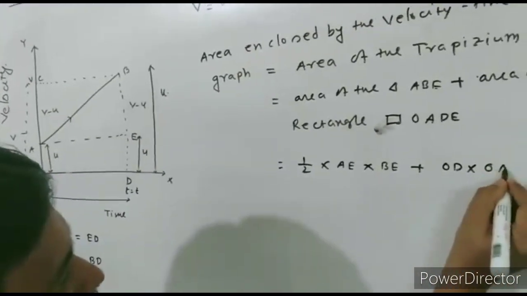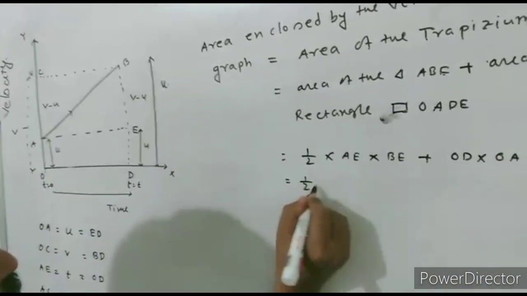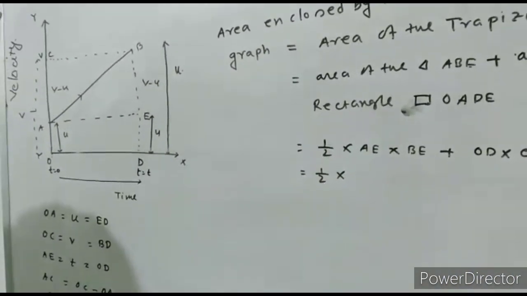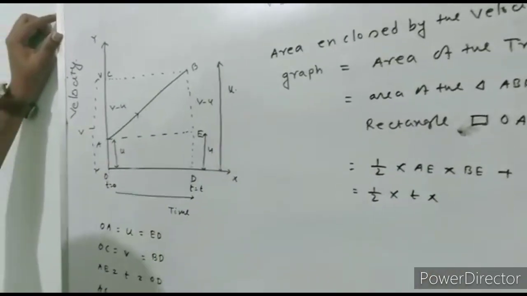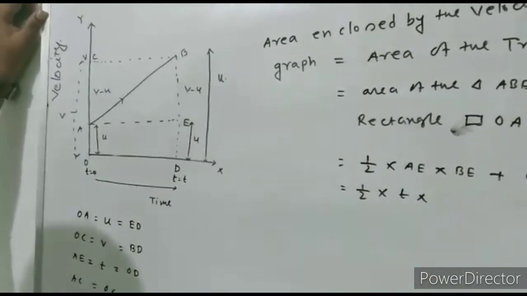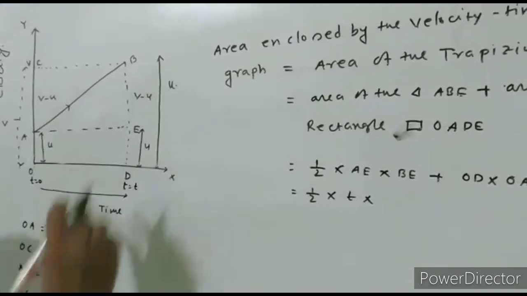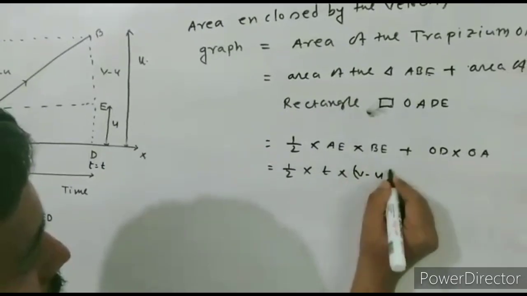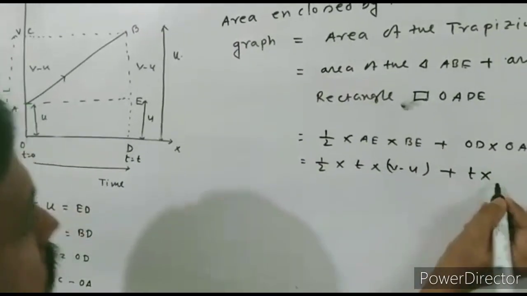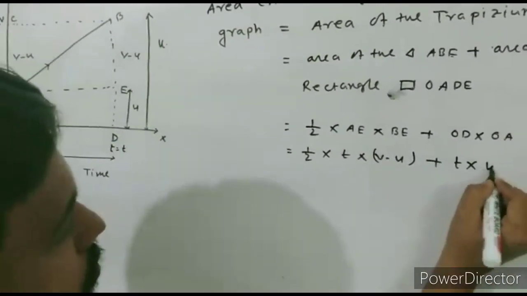So now students, what is the value of AE? Already we found AE equals t, and BE equals v minus u. And the value of OD equals t and the value of OA equals u.